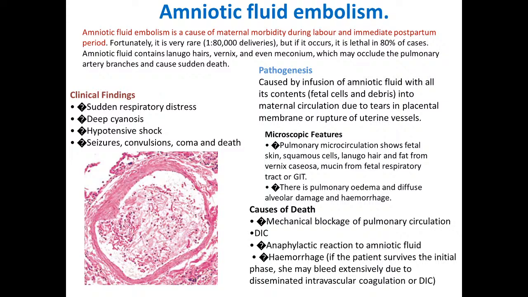Causes of this: mechanical blockage of pulmonary circulation, anaphylactic reaction to amniotic fluid, and hemorrhage. If the patient survives the initial phase, she may bleed extensively due to disseminated intravascular coagulation.